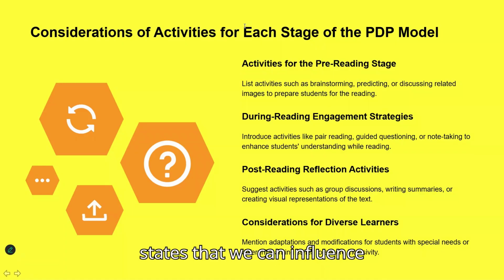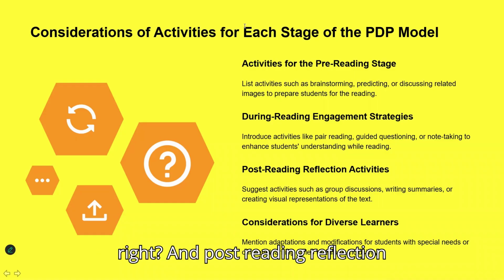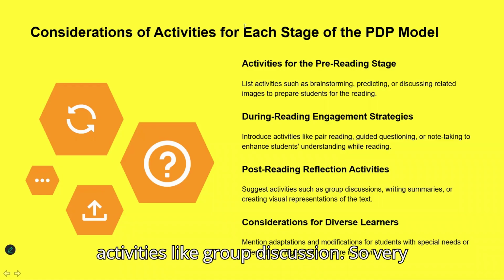During the stage, we can include activities like peer reading, guided questions, or note-taking to engage students' understanding while reading, right? And for post-reading reflection, we can suggest activities like group discussion.